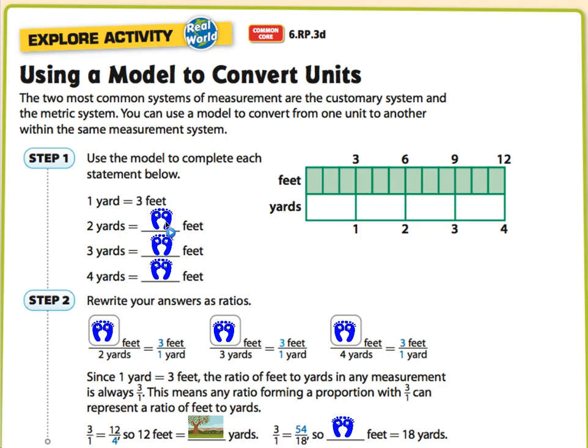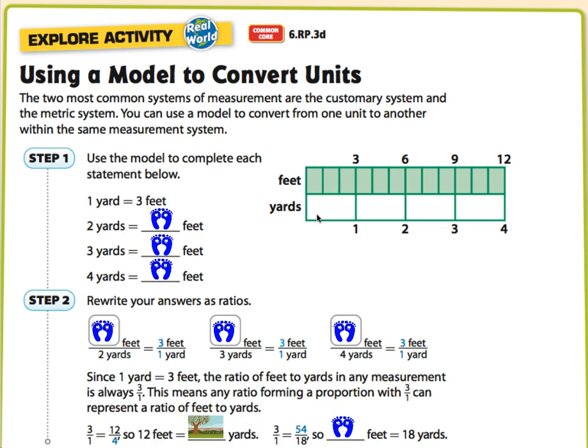So here we go. I have 1 yard giving me 3 feet. So in my model, every time I draw a rectangle for 1 yard, I draw 3 little rectangles within it to represent 3 feet. Each of these little rectangles is a foot, and 3 of them will fit inside of a yard.